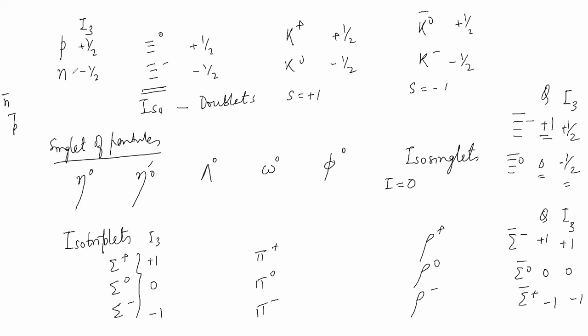While proton is a positively charged particle, antiproton is a negatively charged particle, while neutron is neutral. Therefore, here I3 will be plus half for antineutron and minus half for antiproton.